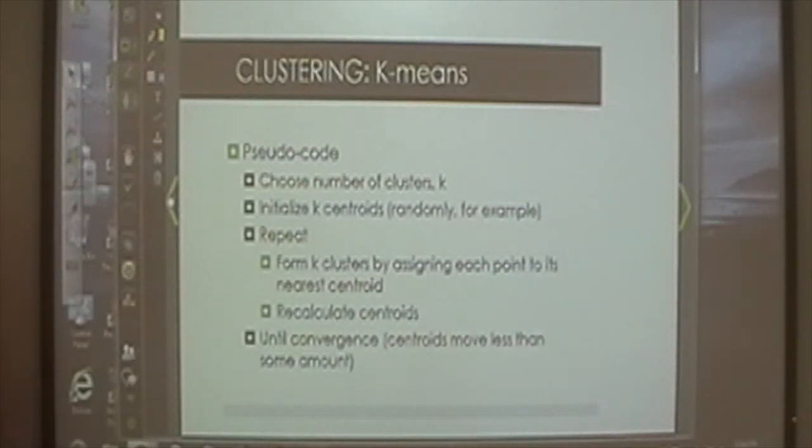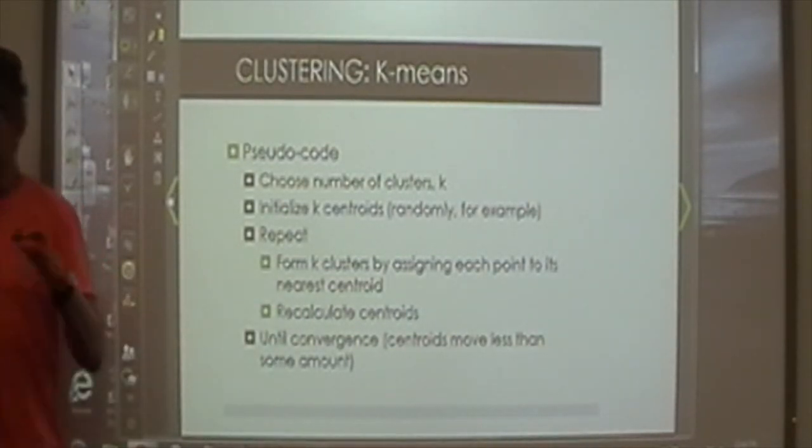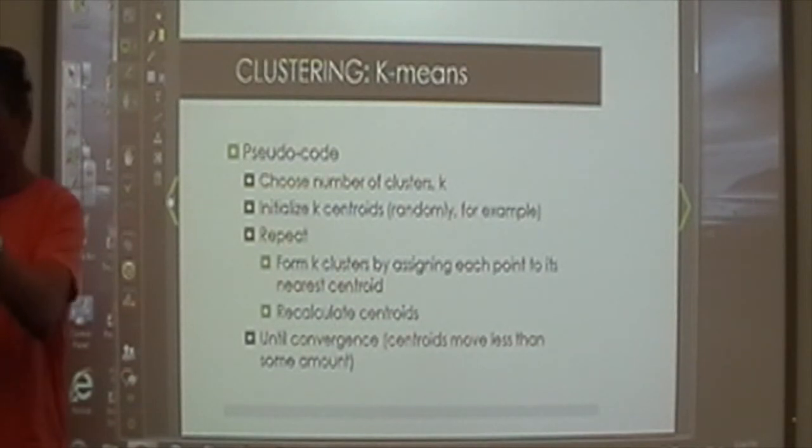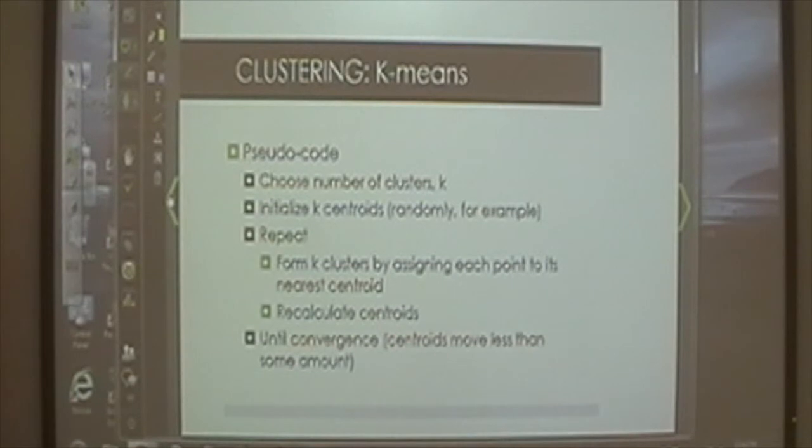So it's basically going to the closest centroid, and that becomes the cluster around that centroid. And then you recalculate all your centroids, centroids being just your center of mass, your centers. You just recalculate them until you reach convergence, when your centroids don't move, they become stationary. Very simple code.